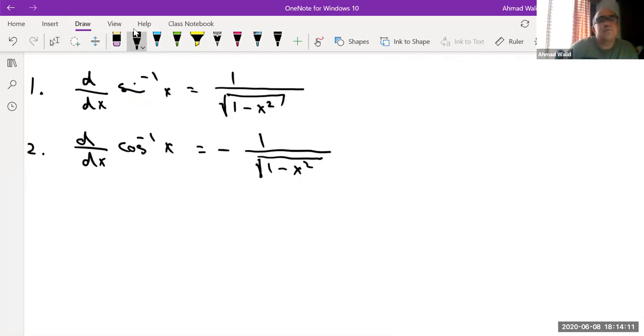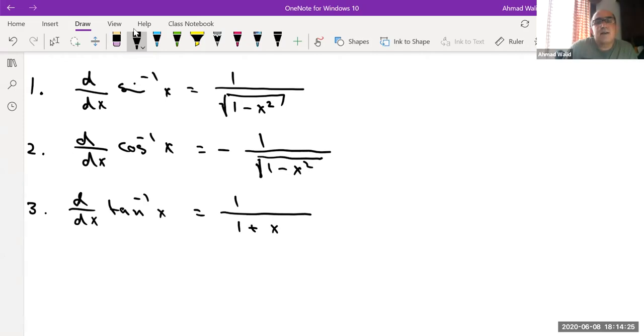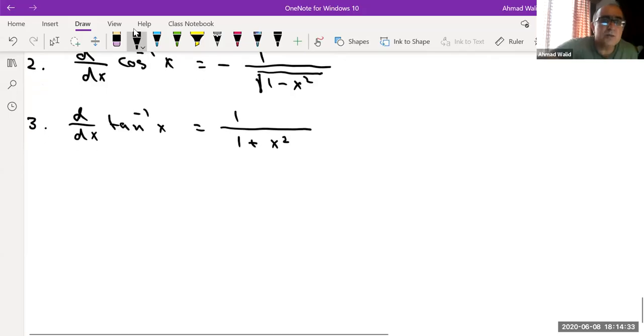Number 3, d/dx of inverse tan x equals 1 over 1 plus x squared. These 3 have a lot of use. The other 3, we use them, but you will not see them a lot. These 3 have a lot of use, the first 3.